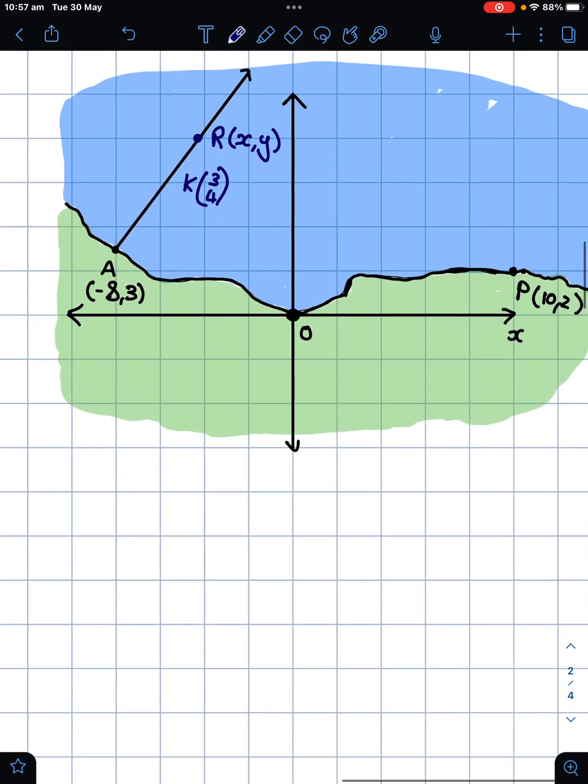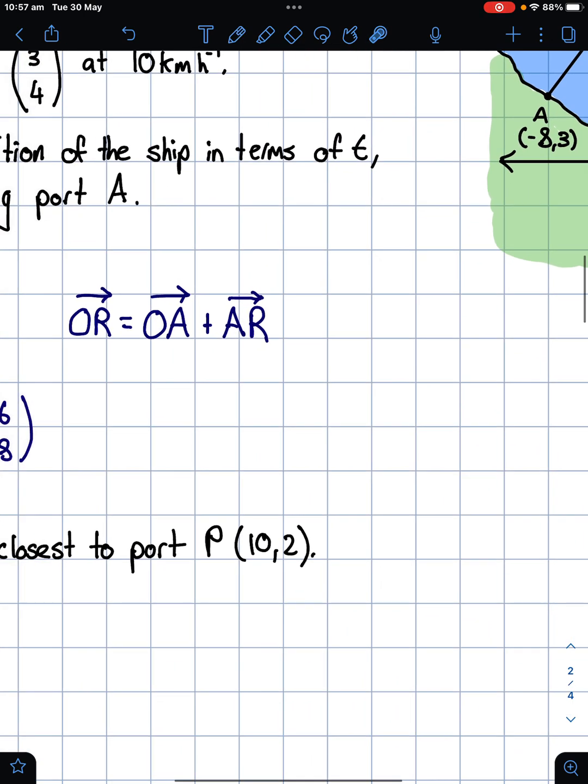Okay, and so O to A is going to give us our fixed point, which is this coordinate here of (-8, 3), and then plus whatever our time is.